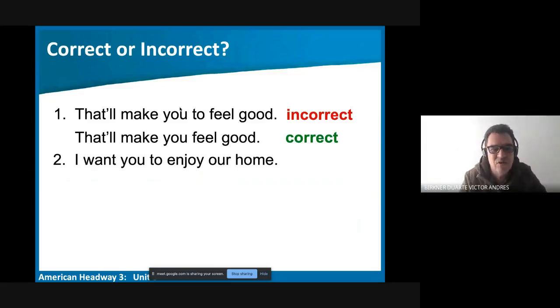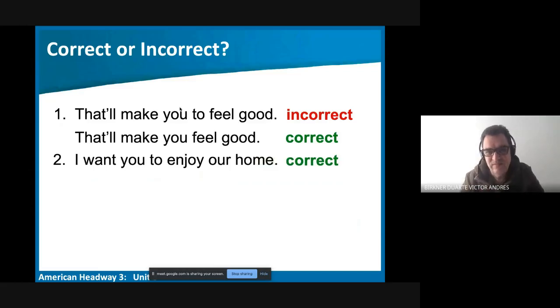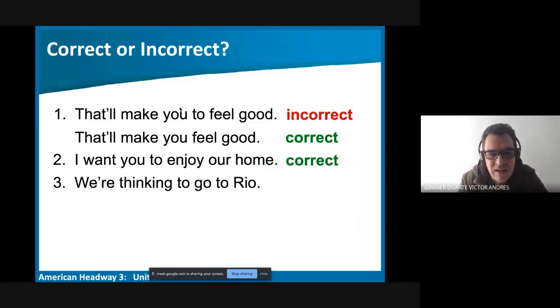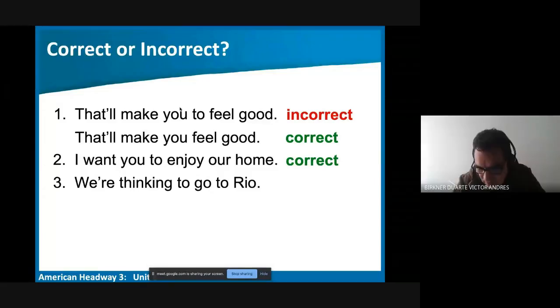Okay. Number two. I want you to enjoy our home. Is it correct or incorrect? Correct. Let's see. Very good. Number three. We're thinking to go to Rio. What do you think? Correct or incorrect? Incorrect.